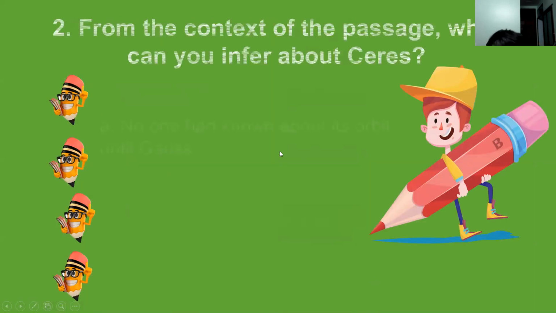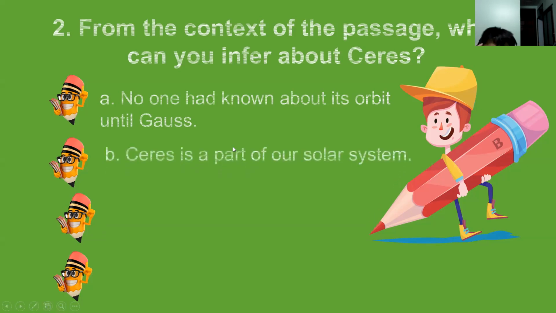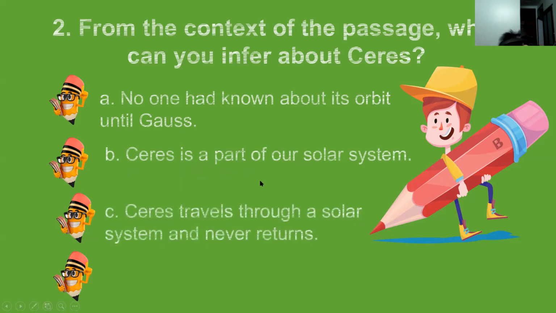Now, question number two. From the context of the passage, what can you infer about Ceres? Is it A, no one had known about its orbit? B, Ceres is a part of our solar system. C, Ceres travels through a solar system and never returns.